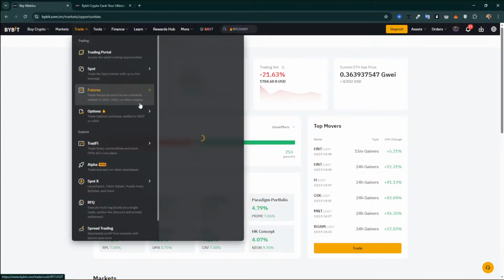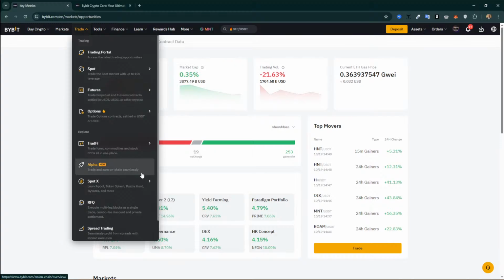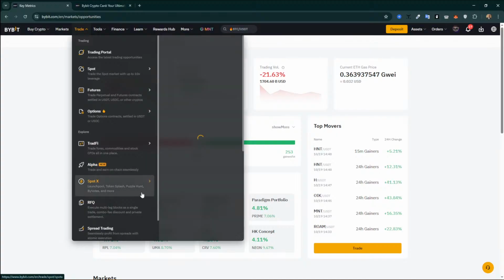So features, options, TradeFi, Alpha. I think this is a new feature which is for trade and earn chain. Then we have Spot, the X launch pool. This one is usually for launching new tokens on the blockchain.